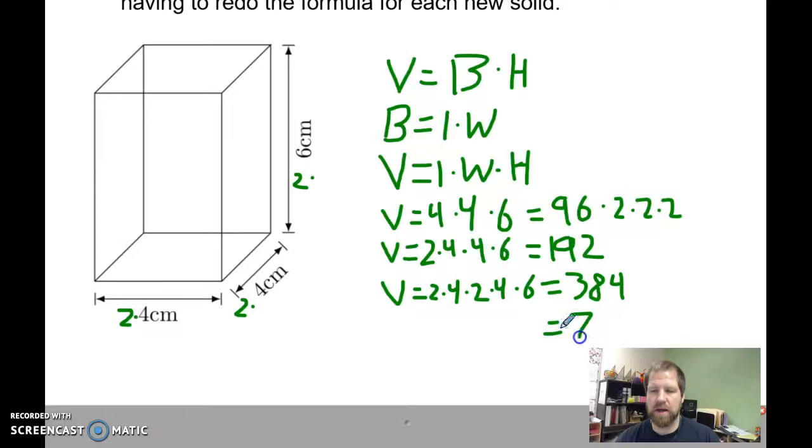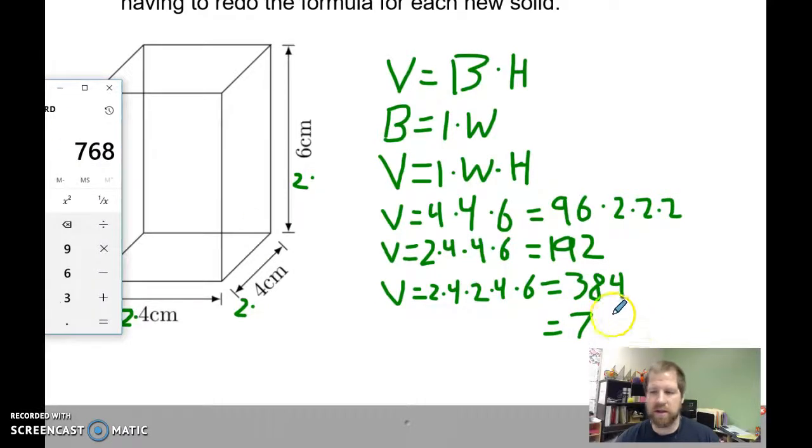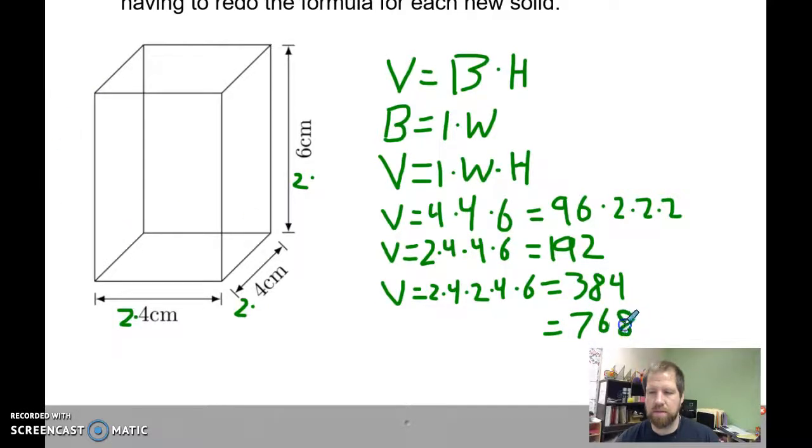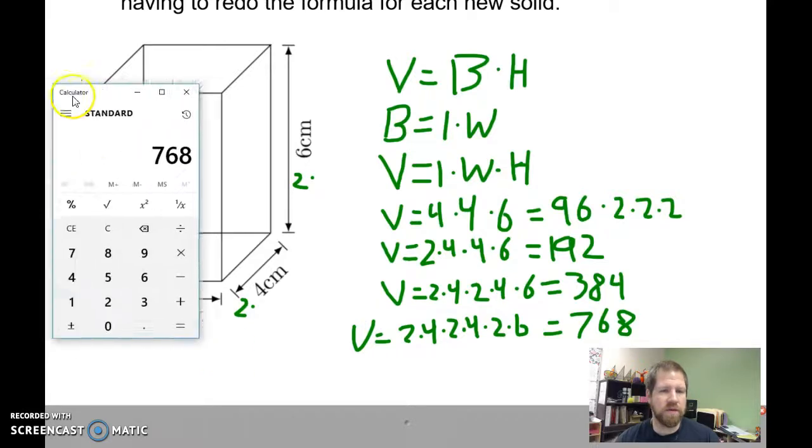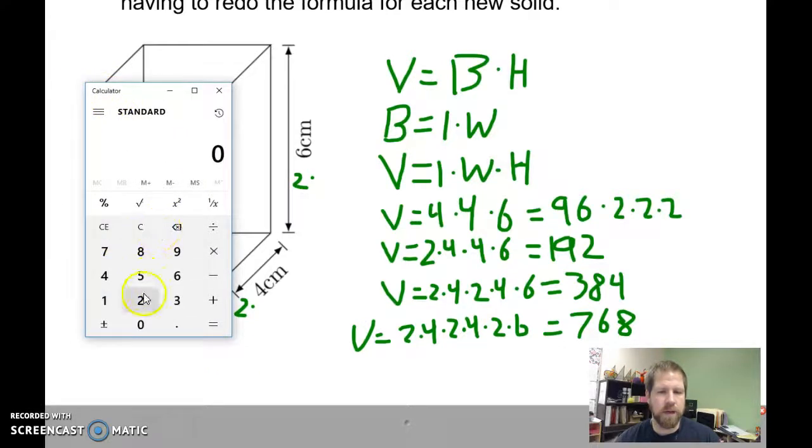Well, let's make sure that that's the case. So 768, and this is 2 times 4 times 2 times 4 times 2 times 6. Let's see if that's what my new volume is. 768.